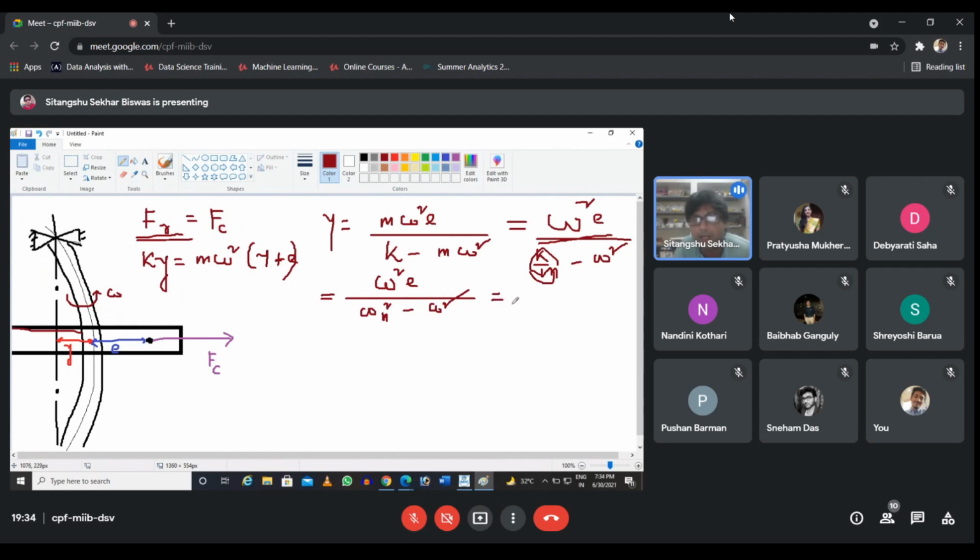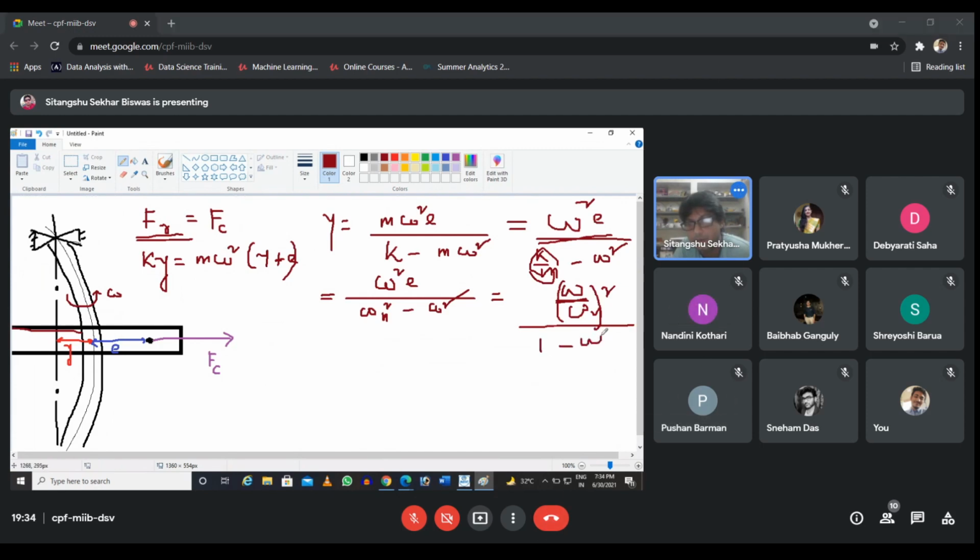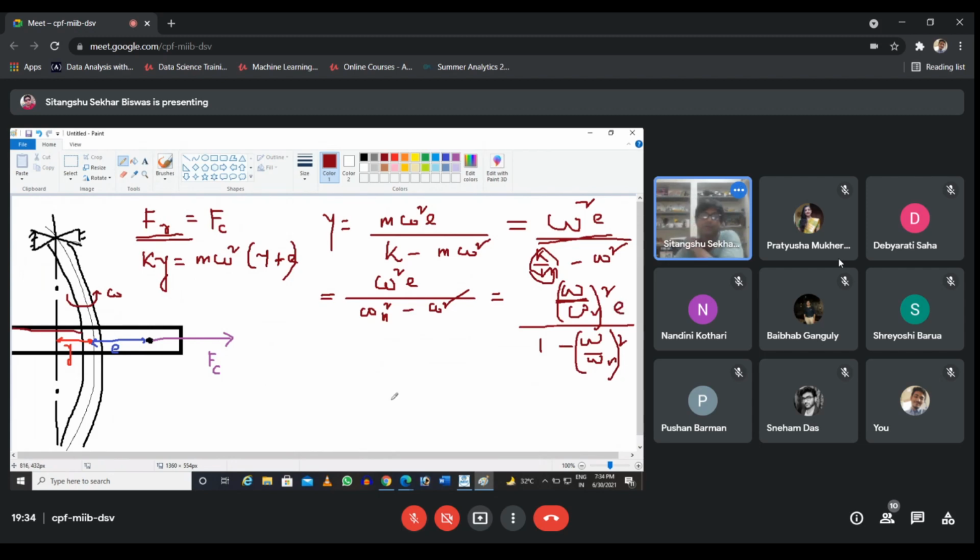Now if you divide both sides by omega n square, it becomes (omega by omega n) square divided by 1 minus (omega by omega n) square, into the eccentricity.